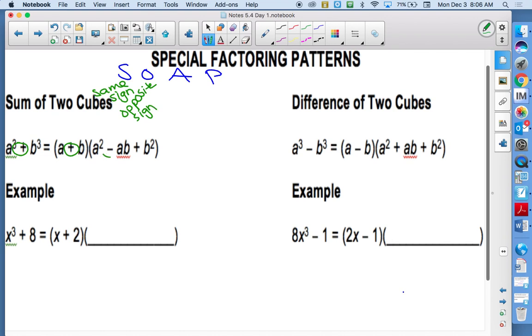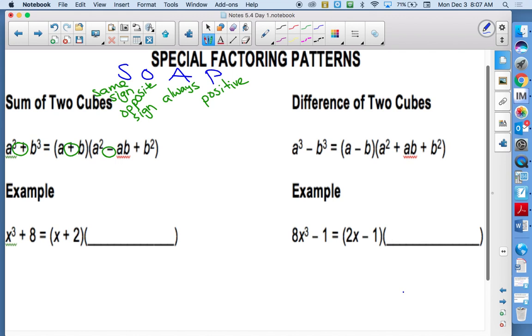So the next sign is a minus, because I started with a plus, now I need to do the opposite, which will be a minus. A stands for always, and then the P is positive. Or you could say always plus. So it's the same sign, the opposite sign, always a plus sign, always a positive sign.